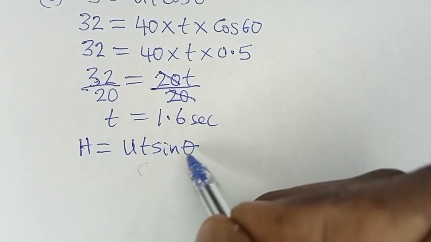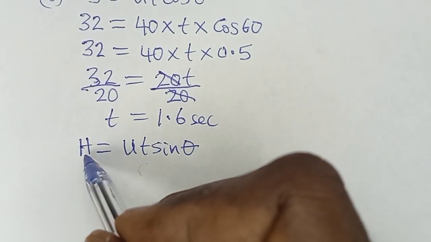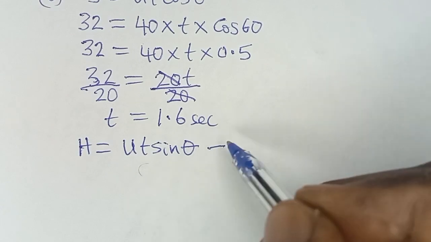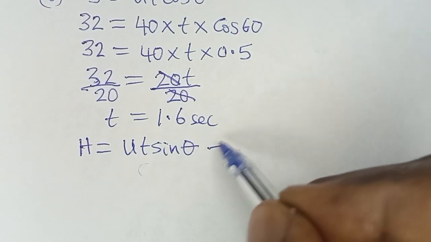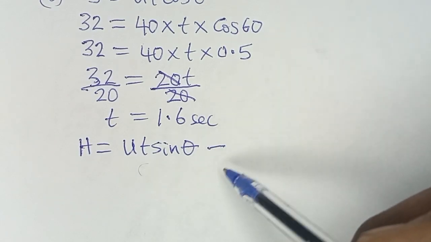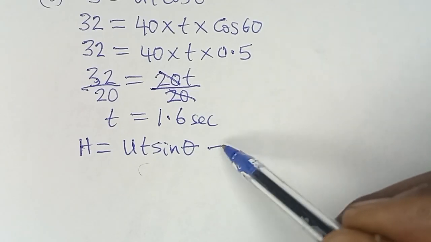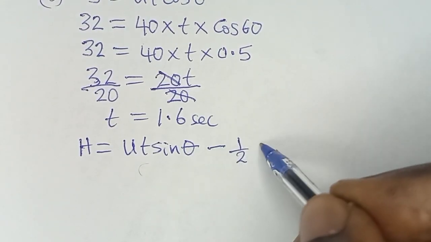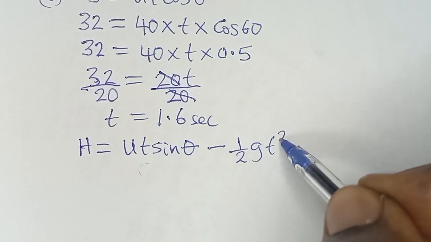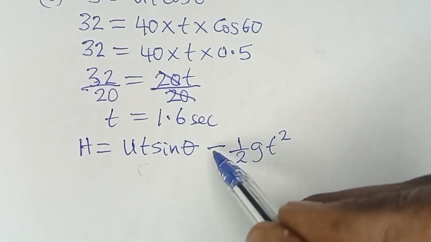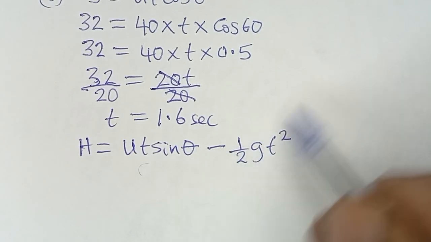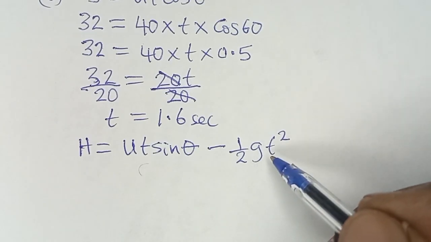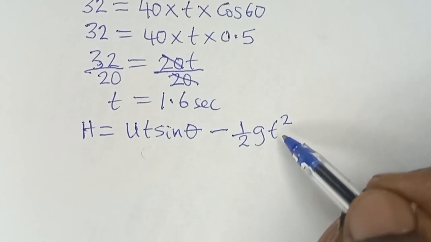This time we have to use sine because this is the vertical height. Then minus, don't forget we are using minus in all our equations because it is going upward, against gravity. So minus half g t squared. This g is a negative value because it is going against gravity as the object is thrown.